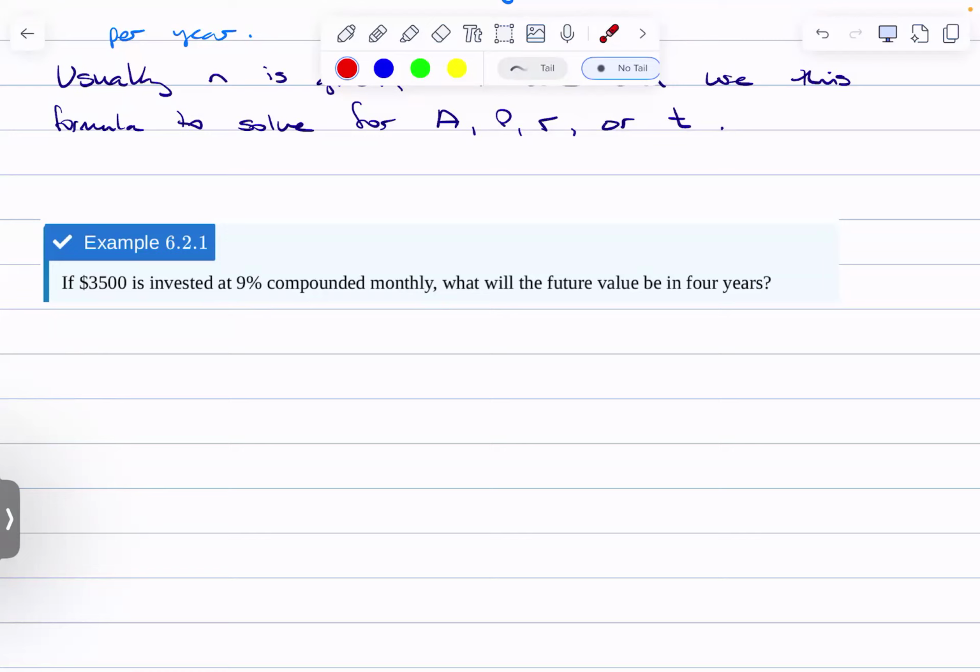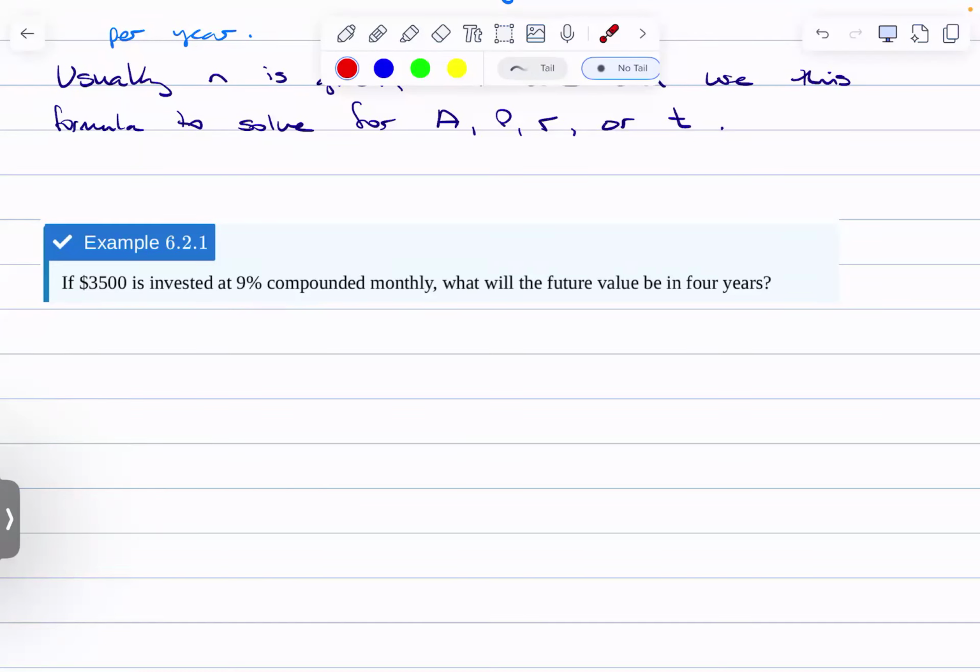Compounded monthly is going to be your clue, whereas all the other questions last day said simple interest at a rate of 4% or something. And so this will determine which formulas to use.